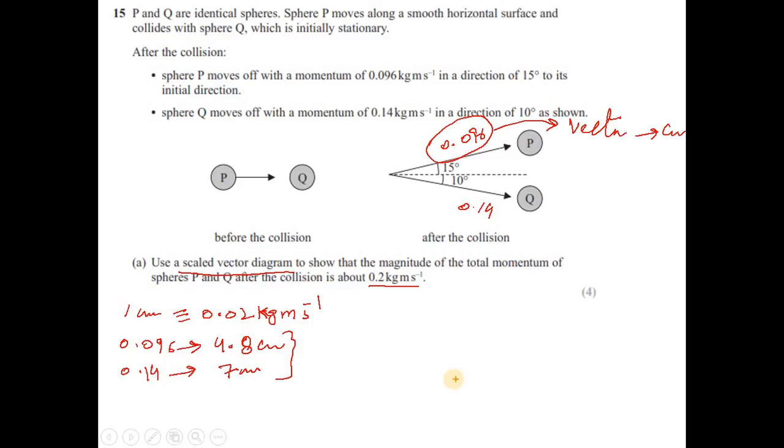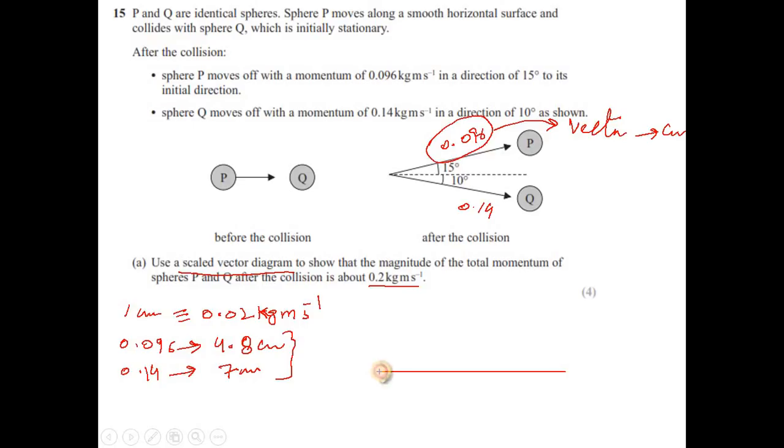First of all, you need to draw a reference line like that. This is the x-axis, and from that axis you will have to measure. It's your choice whether you draw the 7 centimeter vector first or the 4.8 one first. I'm going to draw 4.8 centimeters. I cannot show it here because I'm not using a ruler, I'm just giving you an idea.